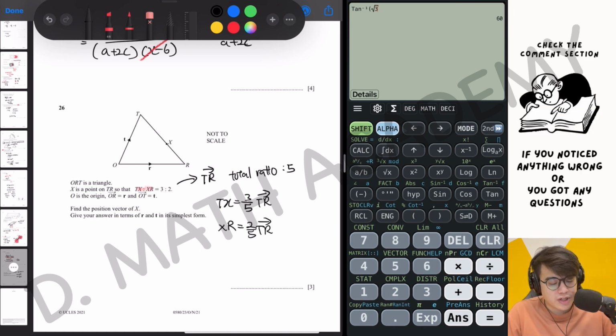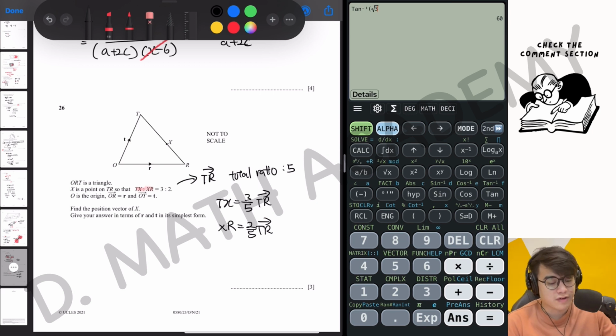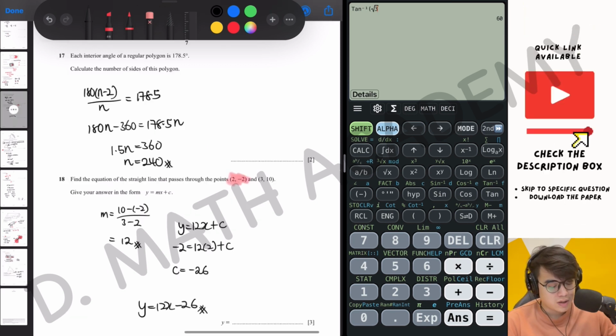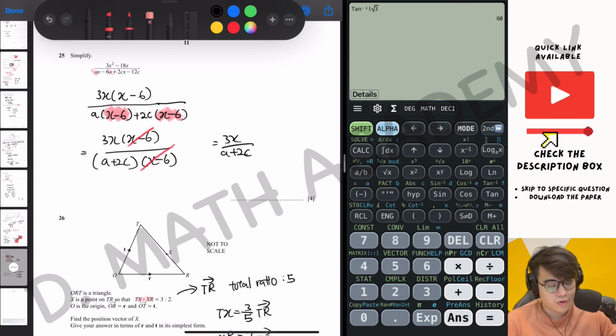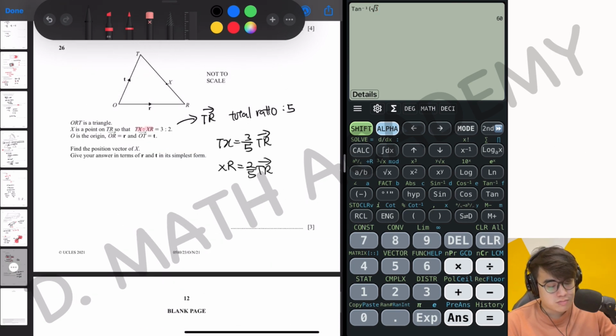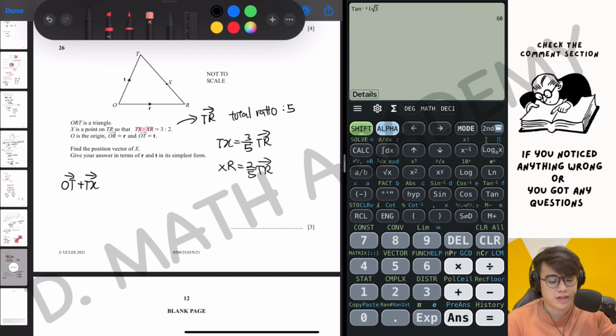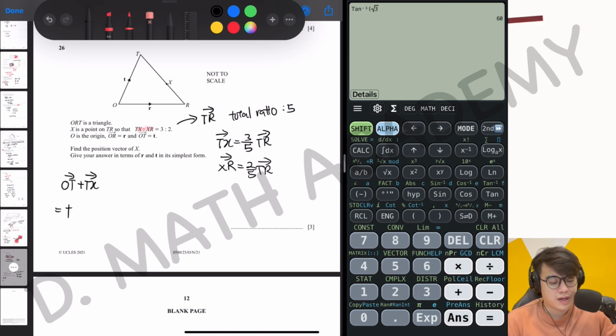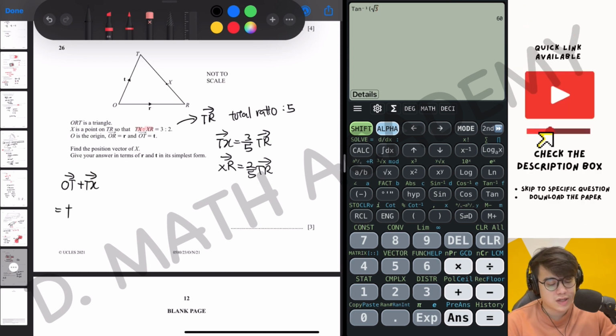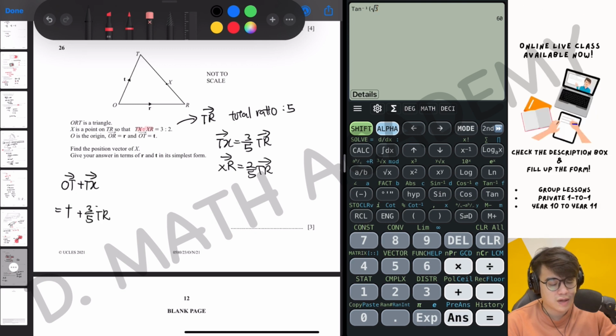So with this information, they wanted us to identify the vector of X, which means we can go through from OT and then all the way to TX here. Okay, since the direction is smooth, T will be it for our OT here, while our TX is 3 over 5 of TR.